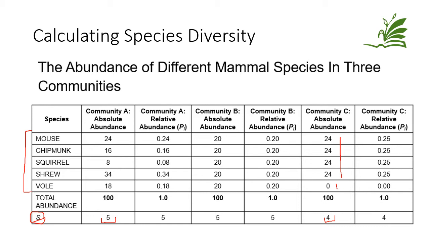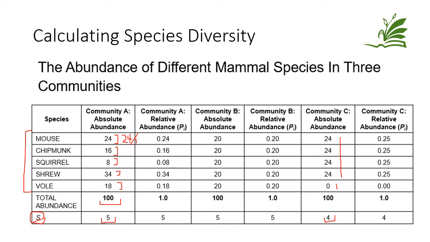In contrast, over in community C, where we have only 4 species, voles are absent, you can see species richness is 4. And then in order to calculate relative abundance, what we do is figure out the total number of individuals within a population, within a community, as well as the number of individuals within a species in a community, so in each population. And we calculate their relative abundance as their abundance divided by the community total abundance.